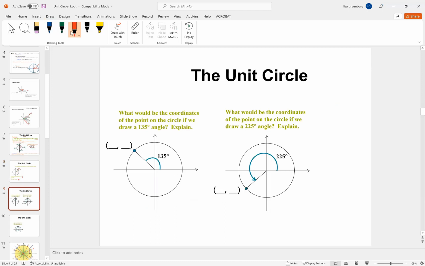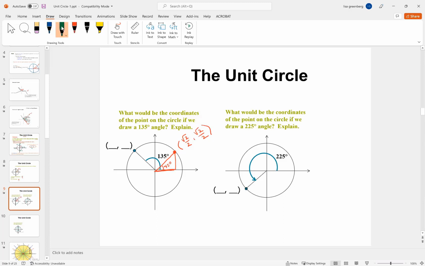Now, here's where it gets more interesting. So let's say I take this triangle, and it was here. This was 45 degrees. We know that that point on the xy axis is the square root of 2 over 2, comma, the square root of 2 over 2. And that refers to the length of each side on this triangle.